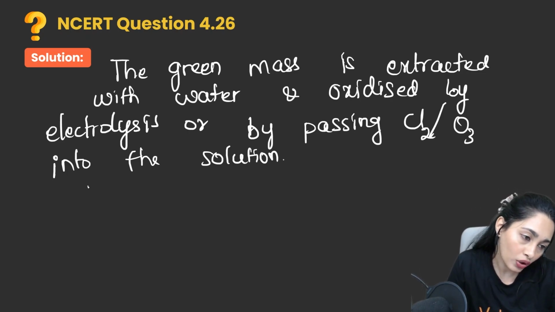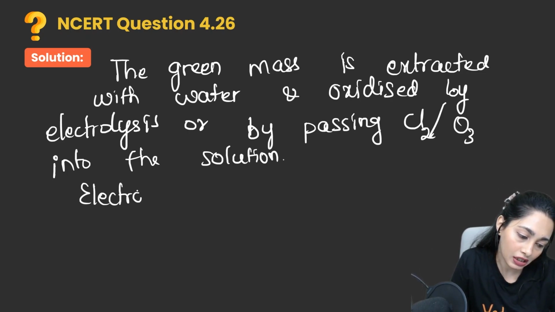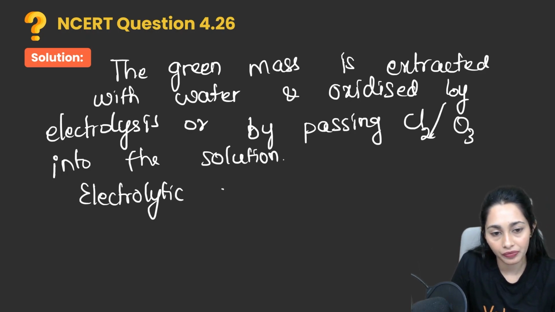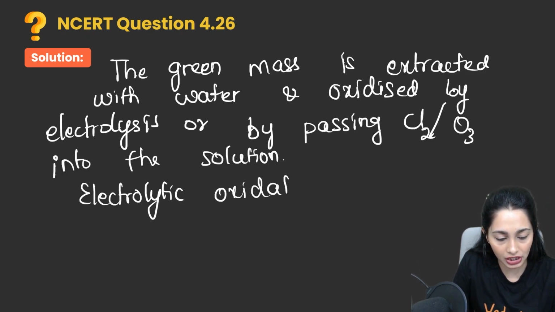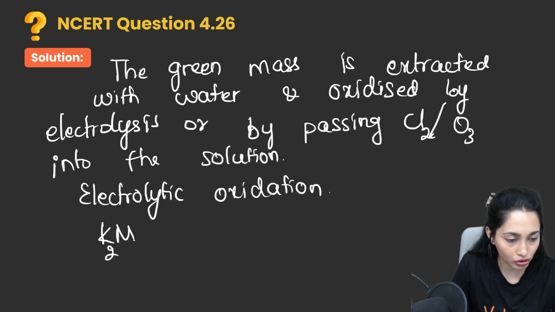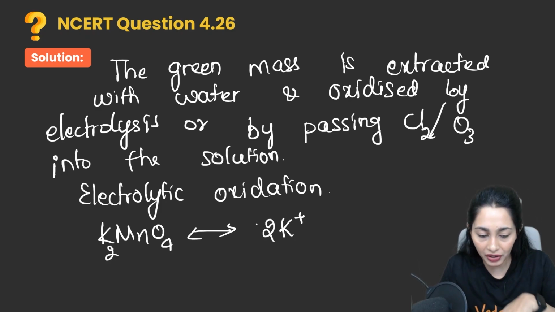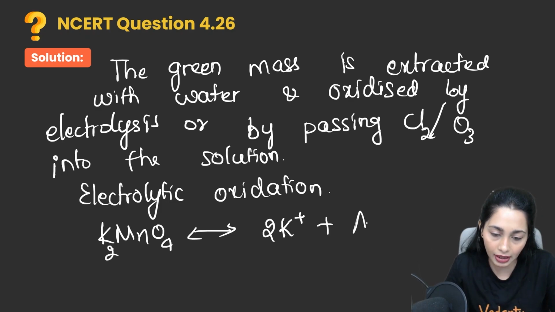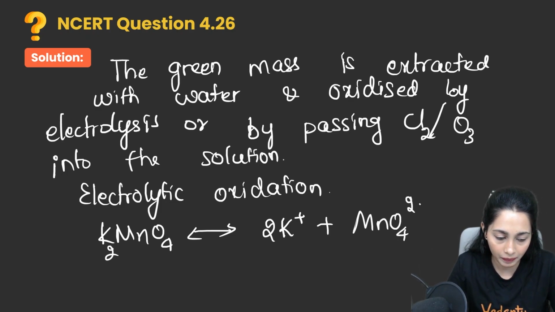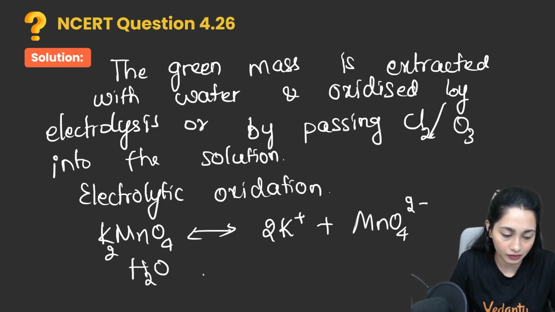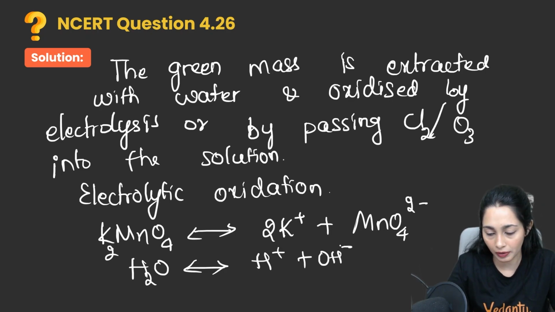So if it is electrolytic oxidation, this is the reaction. K2MnO4, this is the green mass. So electrolysis is happening, so ions will be formed here: 2K+ and MnO4 2- ion, H+ and OH- ion.